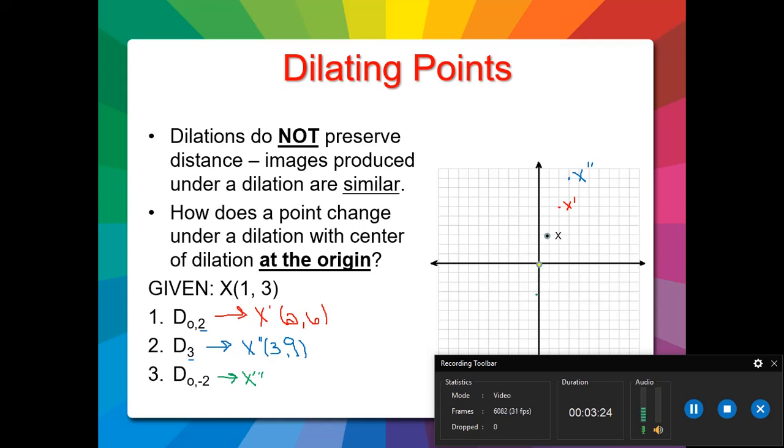So we're going to drop 3 and run 1. That's only -1. We have to drop 3 more and plot the point right here. This is X triple prime. And its location is at -2, -6. And again, you can see building off of the original point at X, we multiplied by the scale factor to come up with our new location.